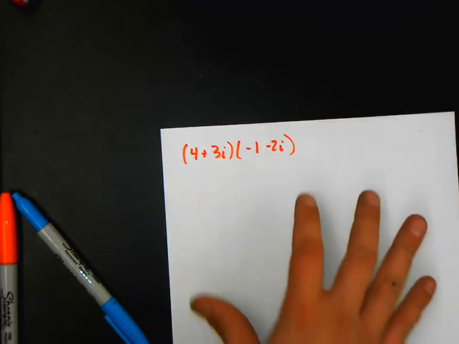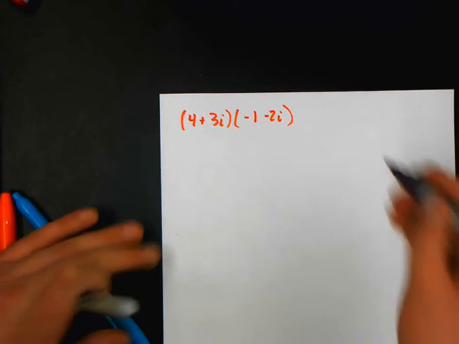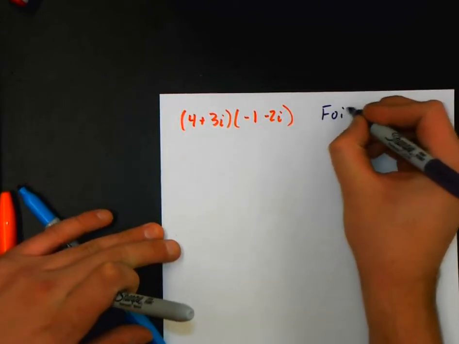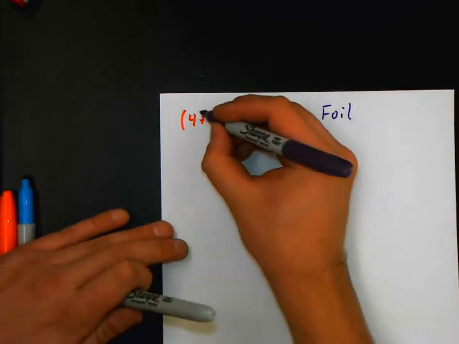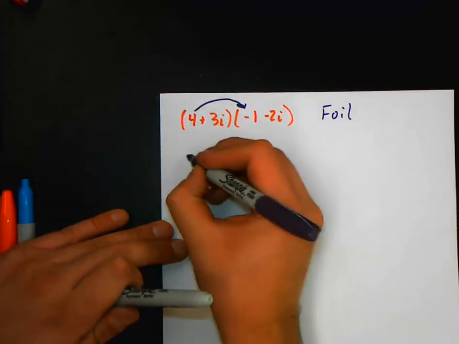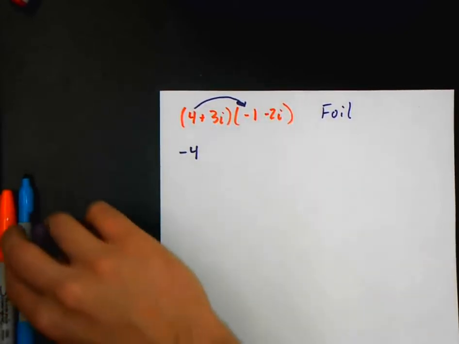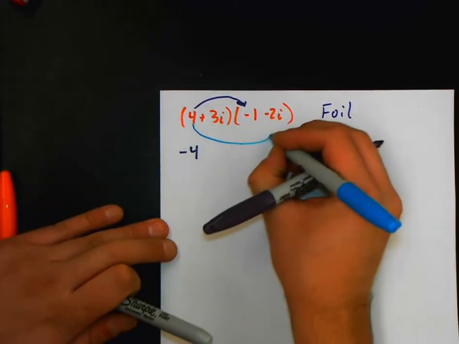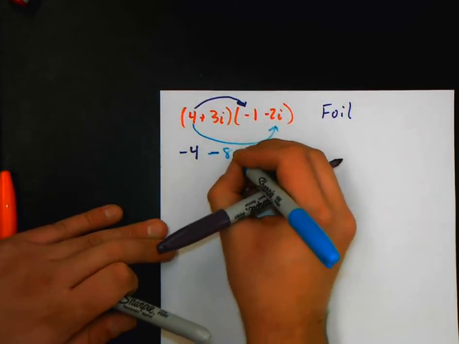We can take this one step farther by using FOIL and multiplying two complex expressions together. So the first ones multiplied, 4 times negative 1 gives me negative 4. Then the outsides multiplied, 4 times negative 2i gives me negative 8i.